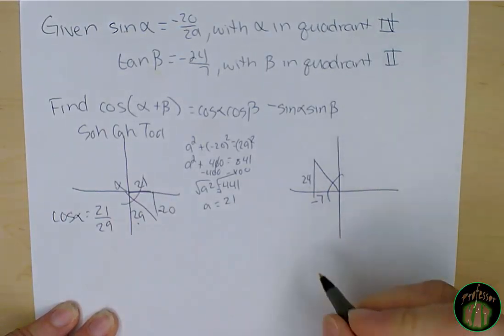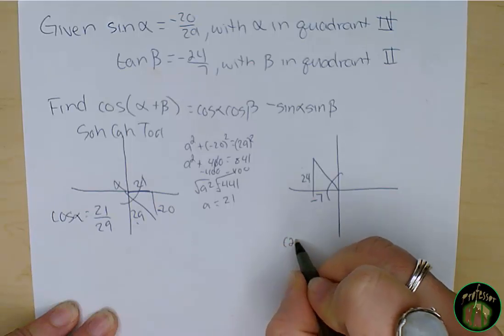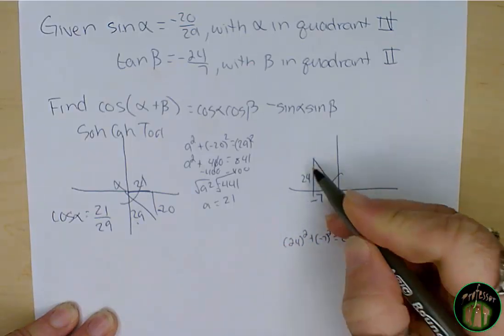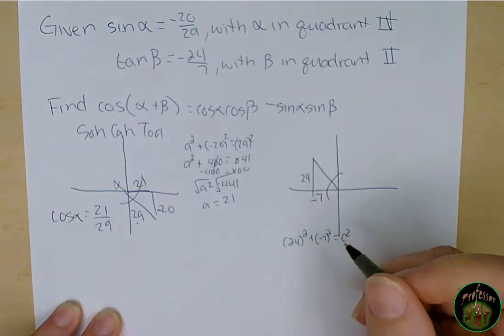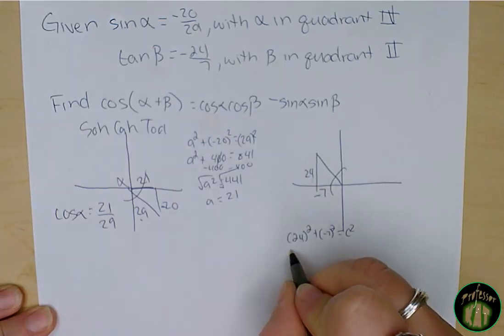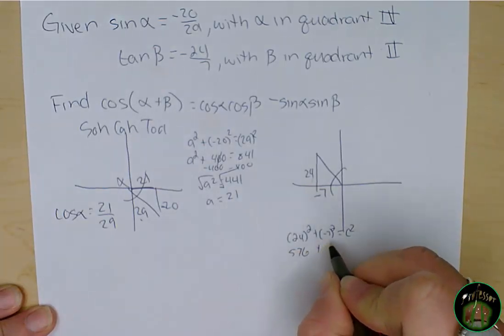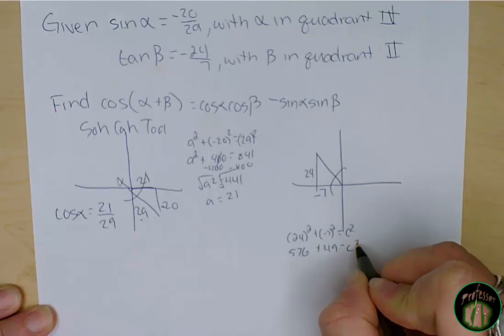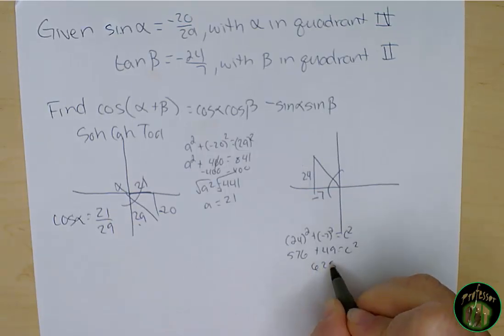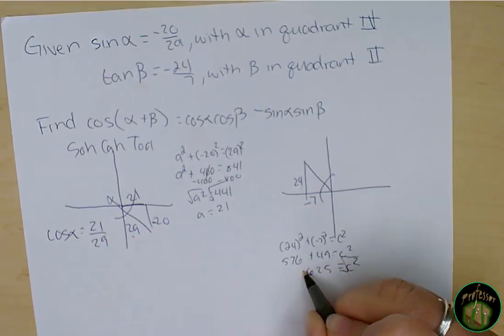So in this instance, Pythagorean's theorem, 24 squared plus negative 7 squared is equal to our hypotenuse squared. When we calculate this, 24 times 24 is 576, plus 7 times 7 is 49. That's going to equal c squared. When we add this together, we get 625 is equal to c squared.